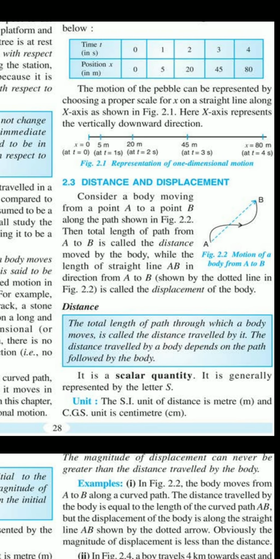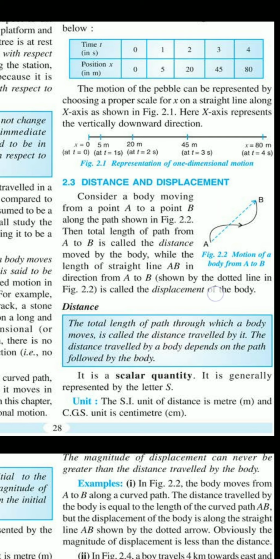Then distance and displacement. Distance is the total length of path through which a body moves. What does this mean? See figure 2.2. This figure shows the motion of a body from A to B, right? But along which path?